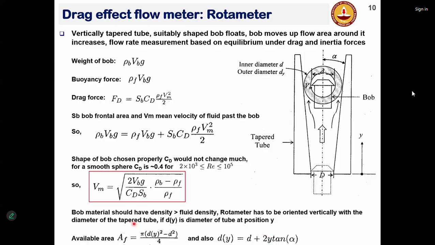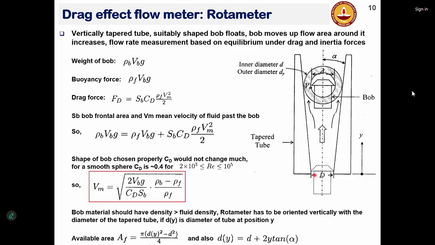So as I said, the available area of the flow AF is basically pi into (dy square minus d square) over 4. Also by geometry, because this is a tapered geometry, you can write that the diameter of this tube at any y can be the diameter at the bottom. So sorry, this should be small d.